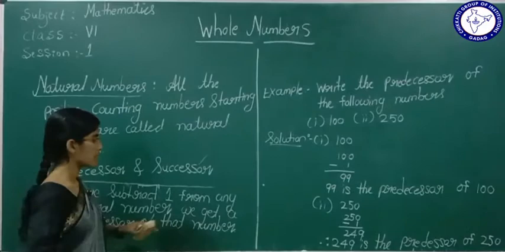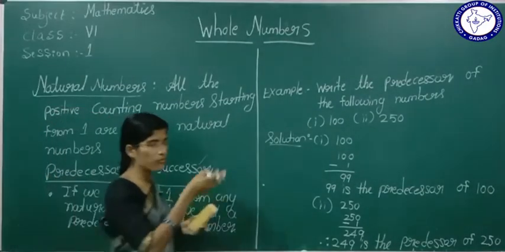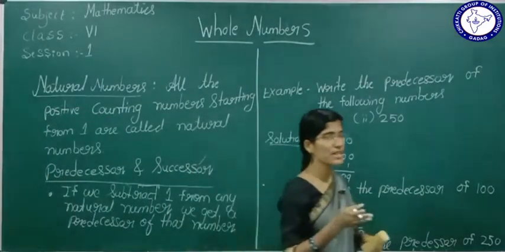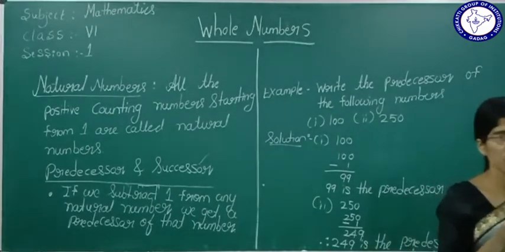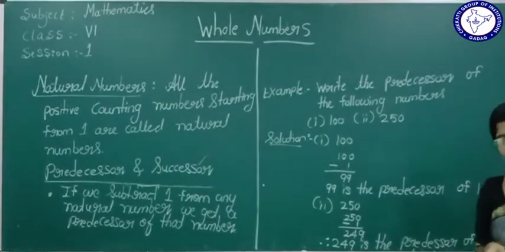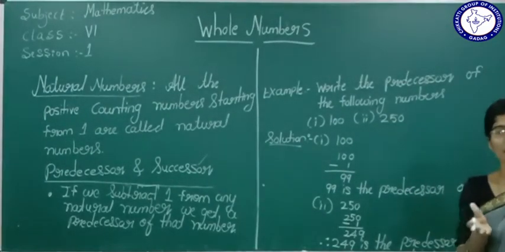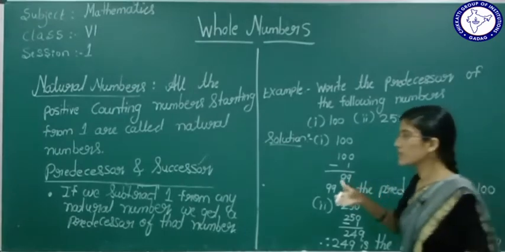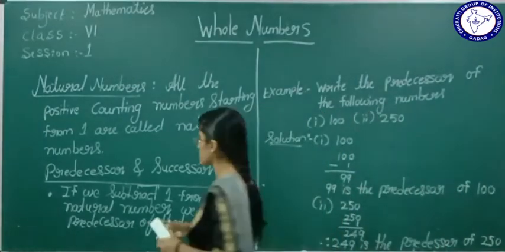Okay? Predecessor means just before. If I ask you, what is the predecessor of 9? Before 9, which number will come? 8. That is nothing but predecessor, before. Okay? After means it is the successor.